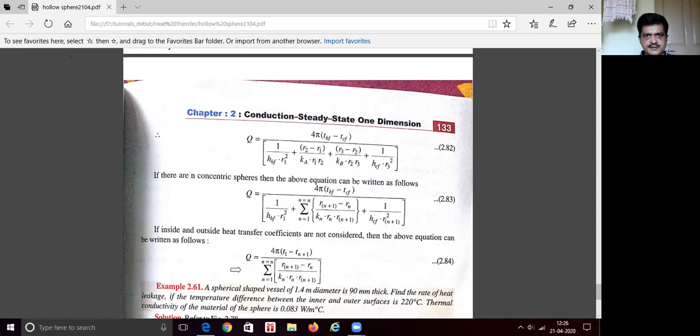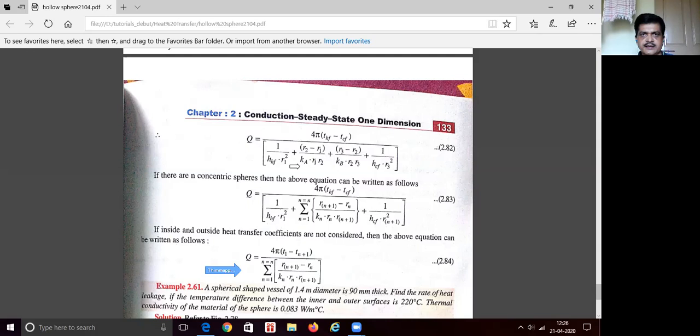You can see here, there are two layers, so you have to take two additions: R2 minus R1 divided by Ka into R1 into R2.